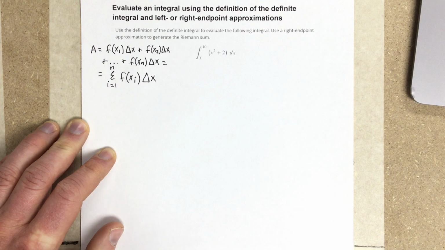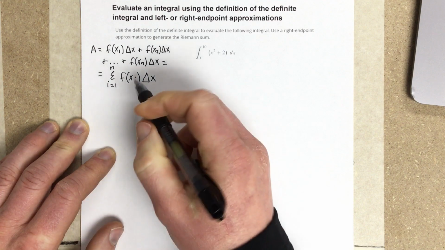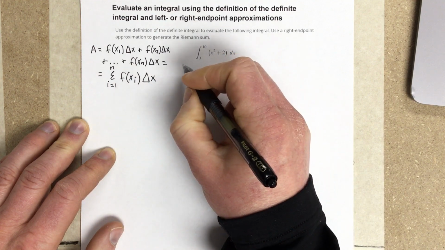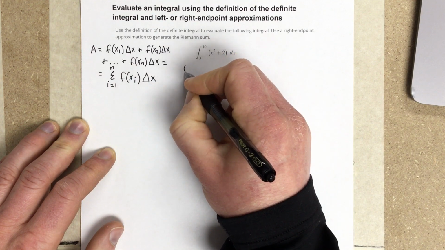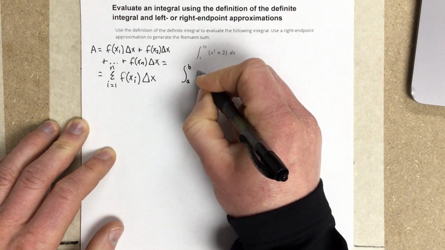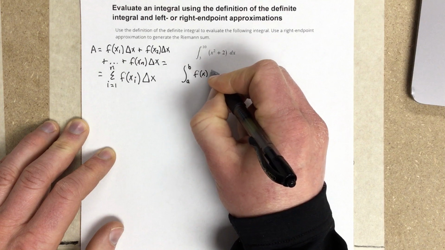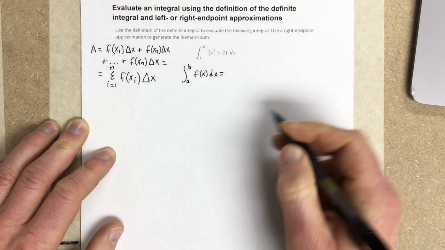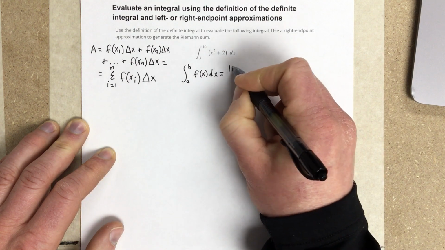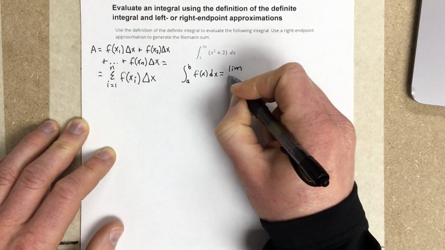Now if we applied this to the definite integral, all the definite integral does is it states that if you have an integration from a to b of some function f of x dx, that is equal to basically this formula with the limit as n approaches infinity.